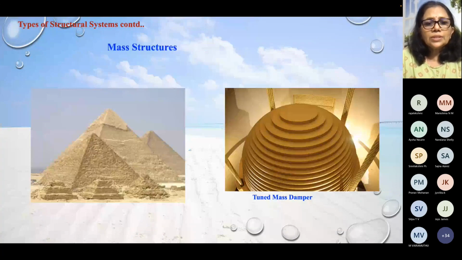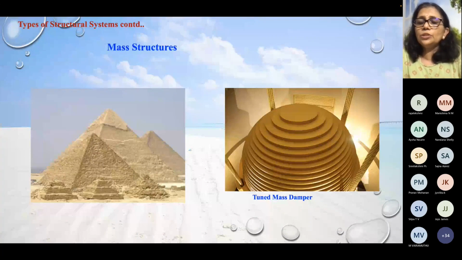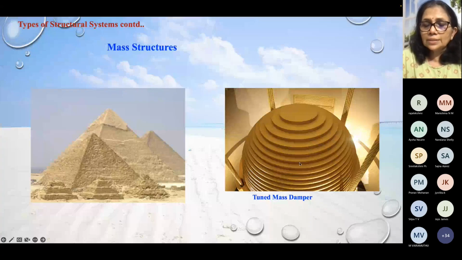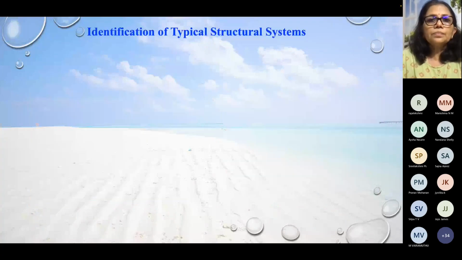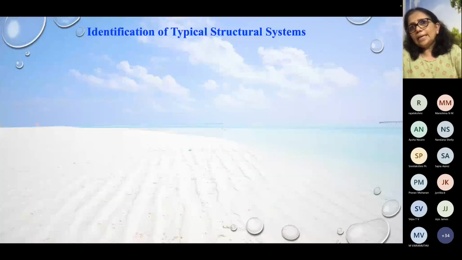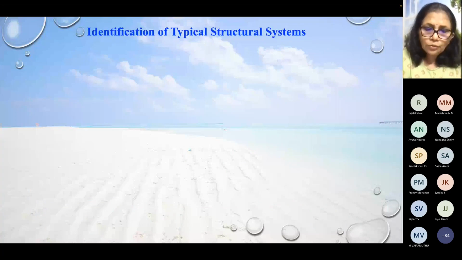Now, these are mass structures like dams or pyramids, and the tuned mass damper, which is used for earthquake resistant design. Now, the challenge is identification of the typical structural system. You know what a structural system is? We have seen the different types of structural system.